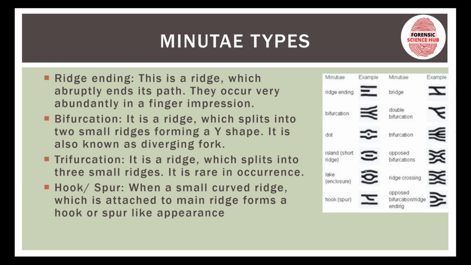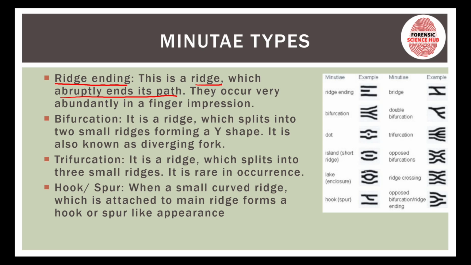Now let us talk about the different types of minutiae or Galton's details. First is ridge ending. This is a ridge which abruptly ends in its path. There are a number of ridges present on our fingerprints, right? And these ridges have to end somewhere.